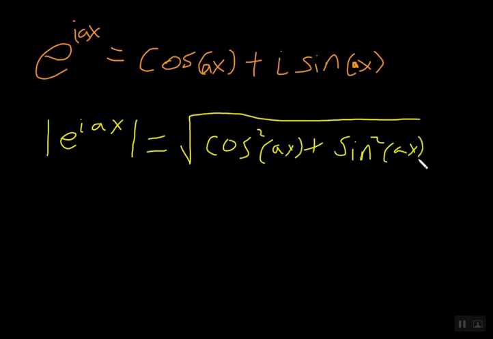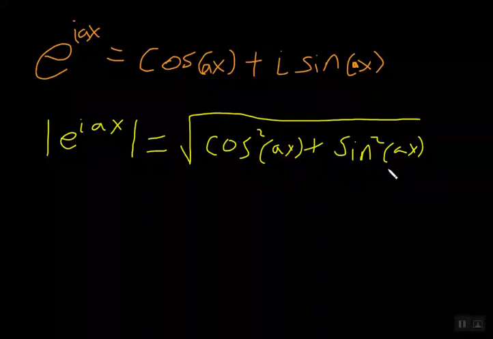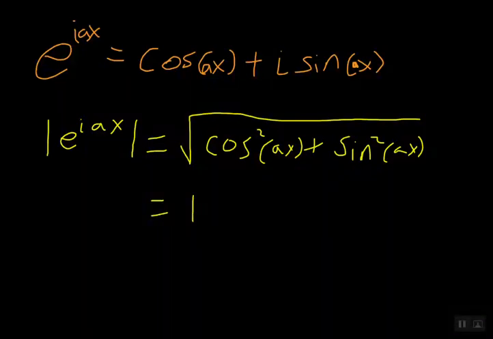But cosine squared of something plus sine squared of that thing is equal to 1. That's the Pythagorean identity. So the absolute value, the norm or magnitude, of a complex exponential is 1. That is also very important.